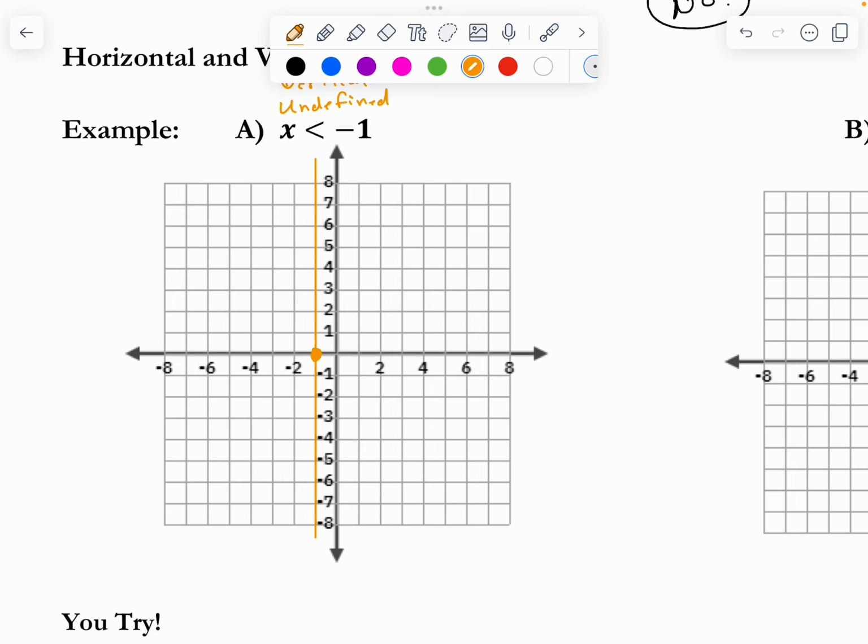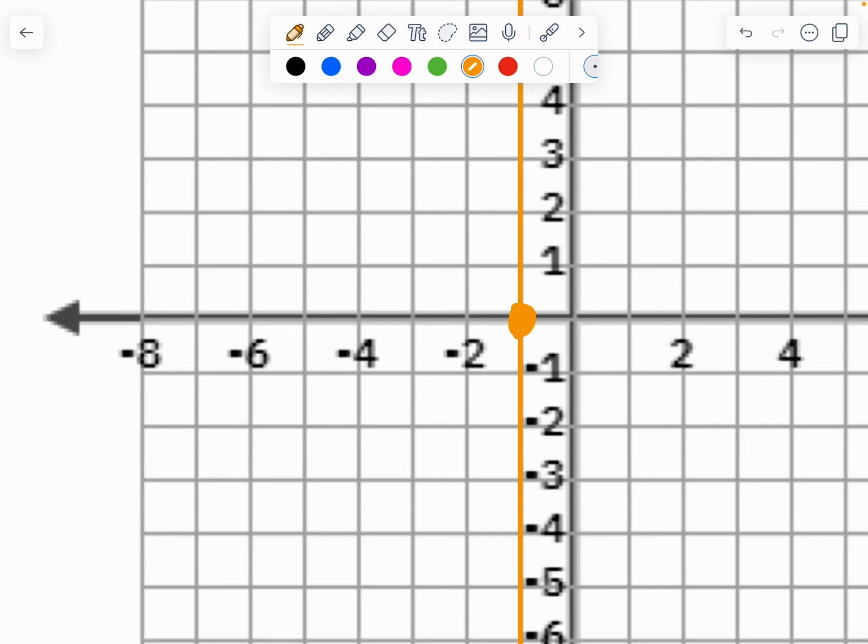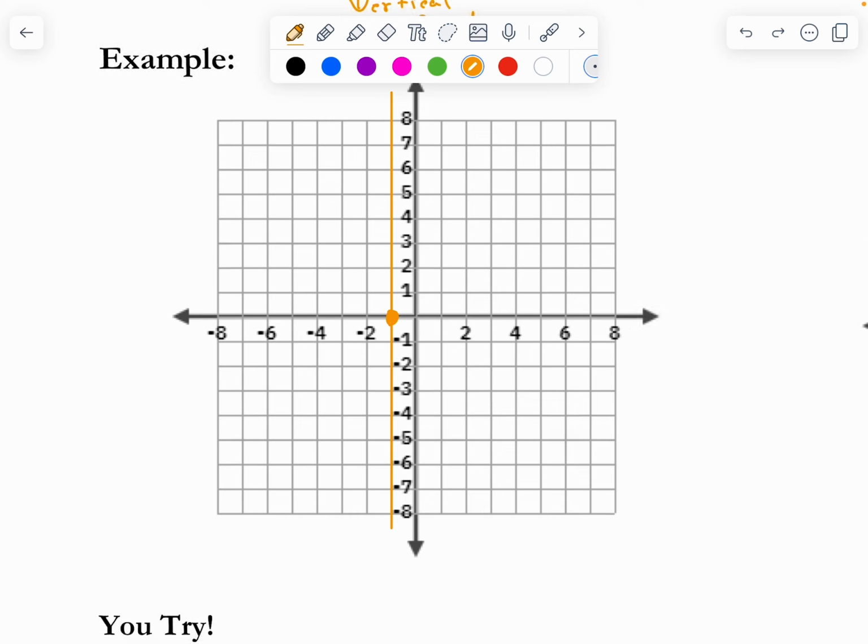But why are we doing it at x equals -1 when it's x is less than -1? Well, because we want any number as close to -1 as possible. So if we zoom in like all the way in, right, this point down here can be like 0.999999, but it's still going to be less than -1. So we want to put the line on -1 because instead of this being a solid line, we are going to go ahead and turn that into a dash line.